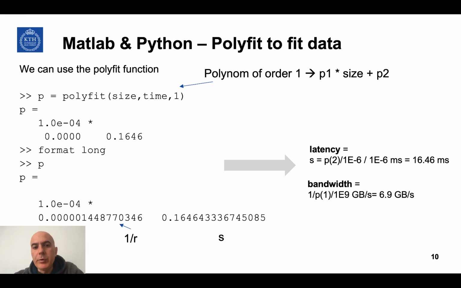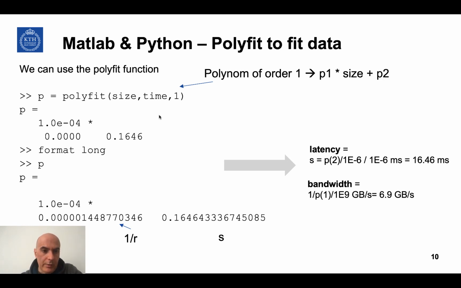Also, we need to tell polyfit what polynomial order we want to fit to, right? In this case it is a line, so the polynomial order is going to be 1, right? If you call this function, we basically get two coefficients, in this case p1 and p2, so it's basically p1 multiplied by the size, that is the independent variable, plus p2, right?